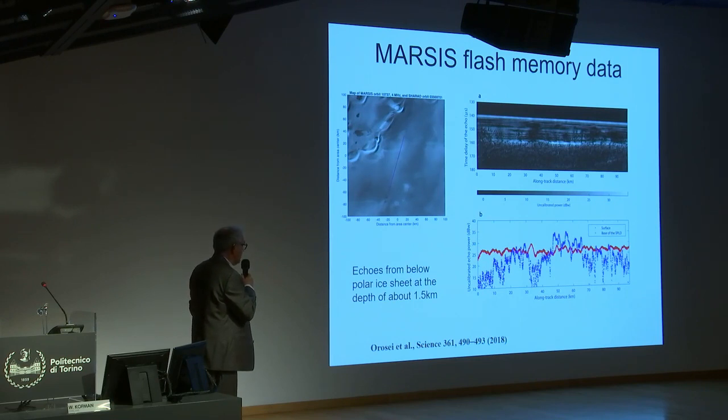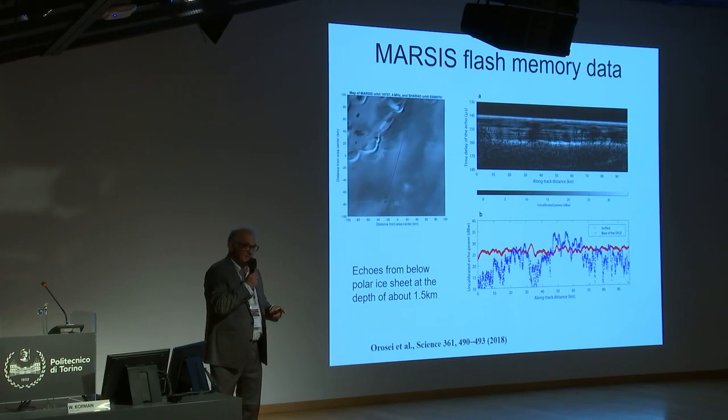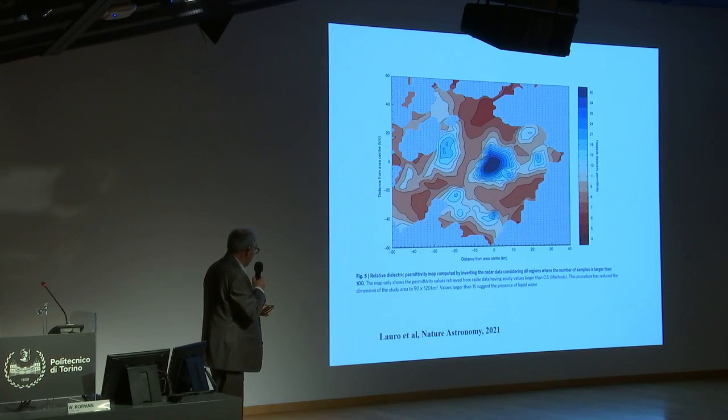This is the blue curve, and red is the surface echo. And this shows that the signal coming from the subsurface is stronger than the signal coming from the surface. This is possible, for instance, because it means that we have really pure ice on top, and then we have a strong reflection coming from the subsurface.